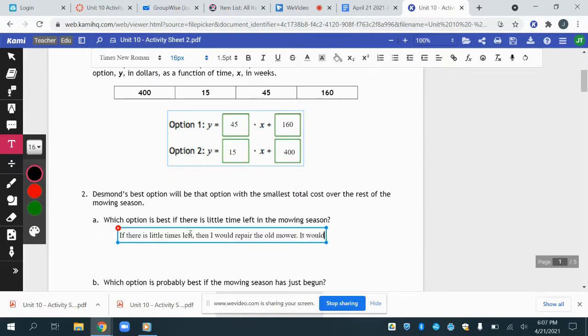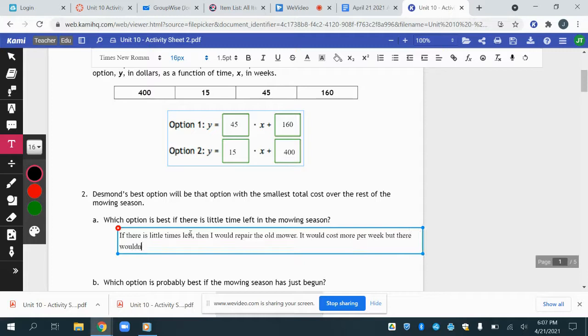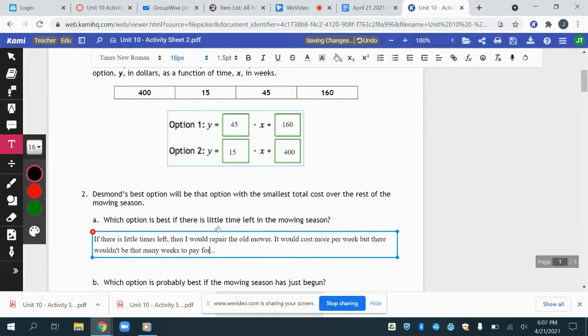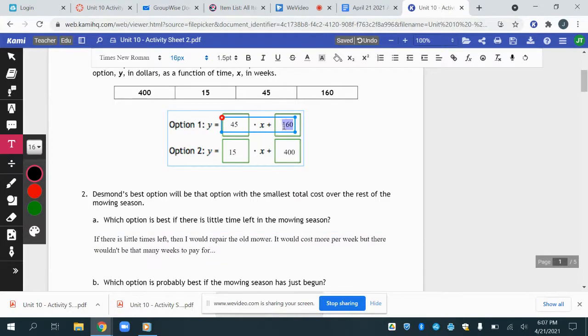It would cost more per week, but there wouldn't be that many weeks to pay for. Right, so I would go with option 1, because if there's little time left mowing, say there's only 2 weeks left, you're going to pay $160 plus this twice. That's going to be way less than $400.